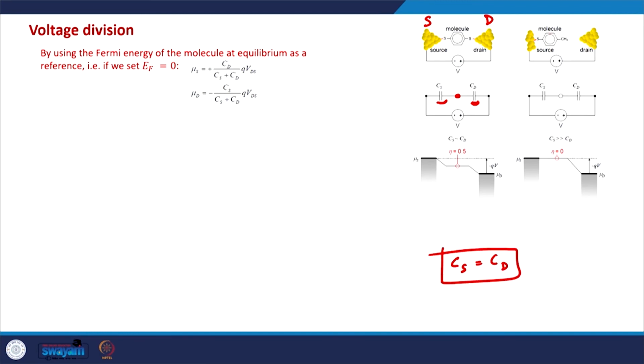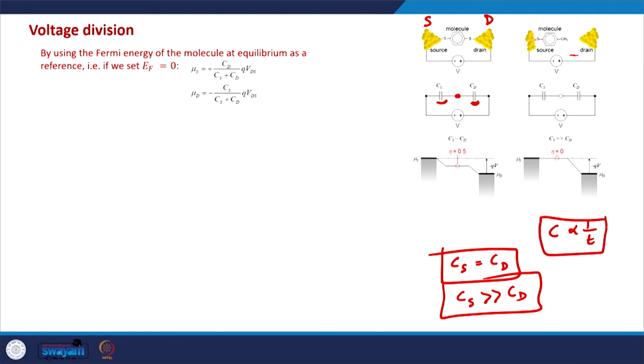But let's say if the source is closer to the molecule as compared to the drain, as in this case, in that case the distance between the source and the molecule will be less, and the source capacitance will be high as compared to the drain capacitance, because the capacitance is inversely proportional to the distance between the two plates. In a parallel plate capacitor, it is inversely proportional to the distance between the two plates.